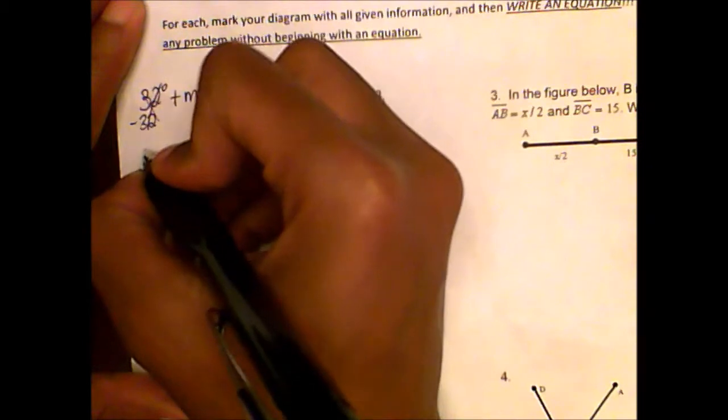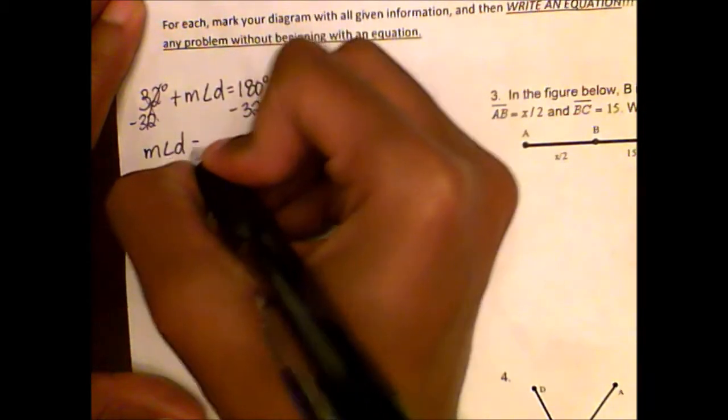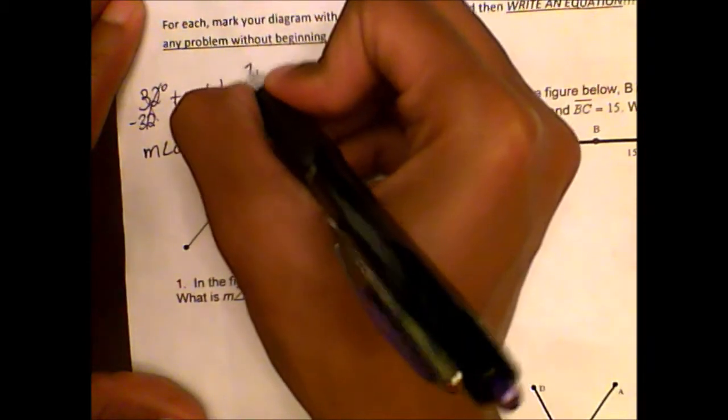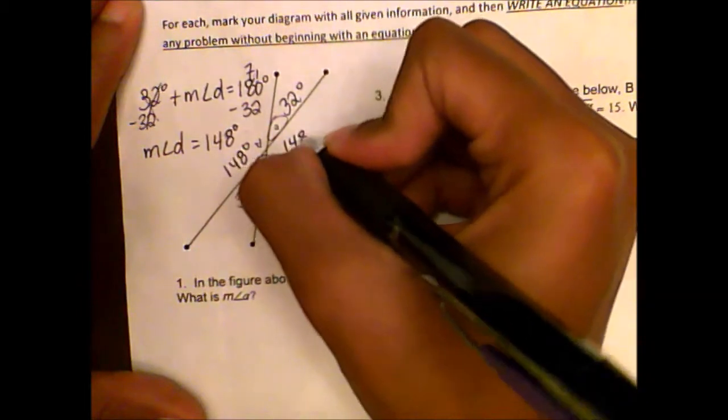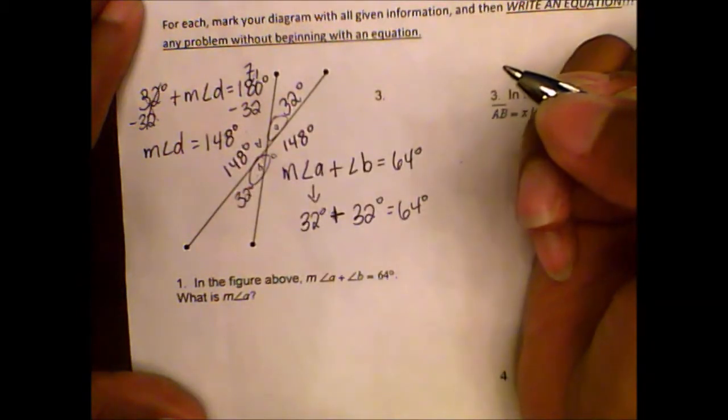To solve this equation, I'm going to subtract 32 from both sides. This goes away, and we're left with the measure of angle D, which after we subtract, 10 minus 2 is 8, 7 minus 3 is 4, 148. So the measure of angle D is 148 degrees. So if D is 148 degrees, then C also has to be equal to 148 degrees.